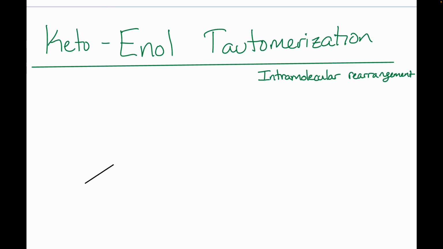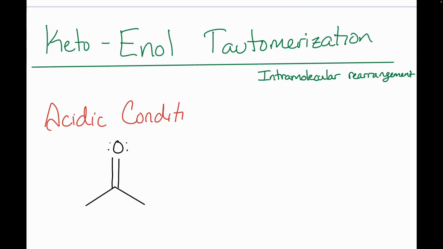So if we take any aldehyde or ketone, and again, now we're talking about reactions under acidic conditions. The previous reactions we talked about were with bases, creating those enolate ions. Under acidic conditions, our ketone is in equilibrium with what's called an enol.